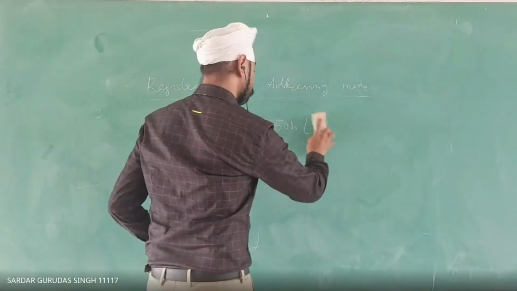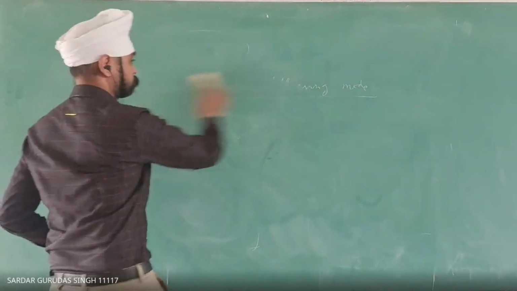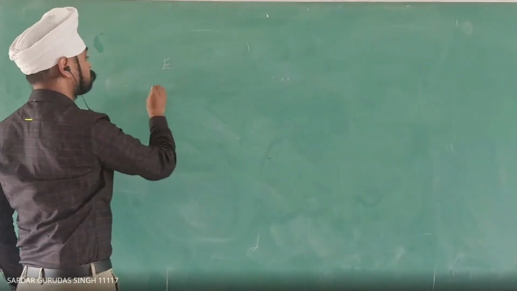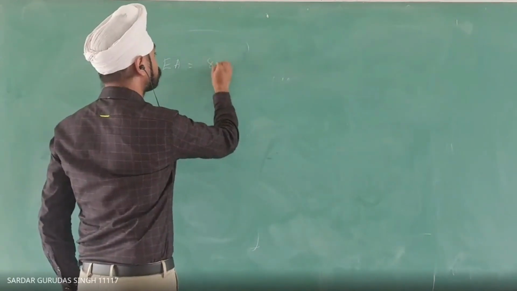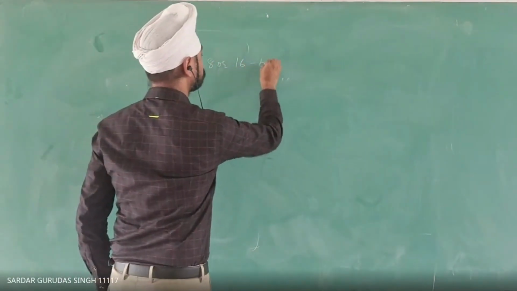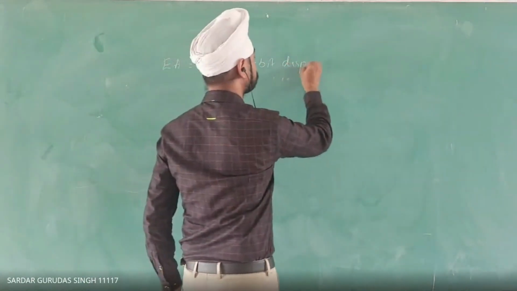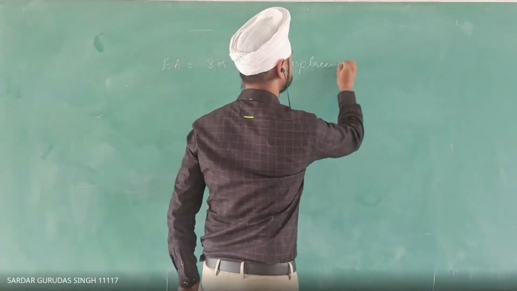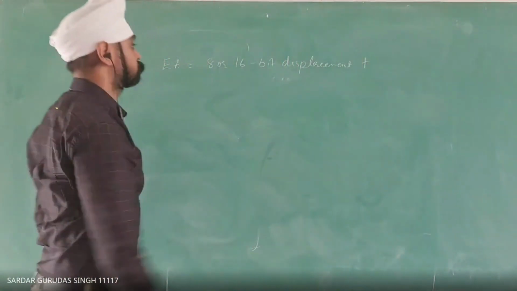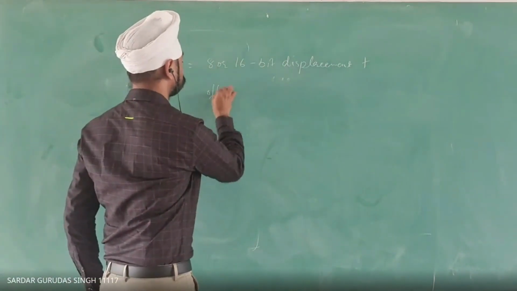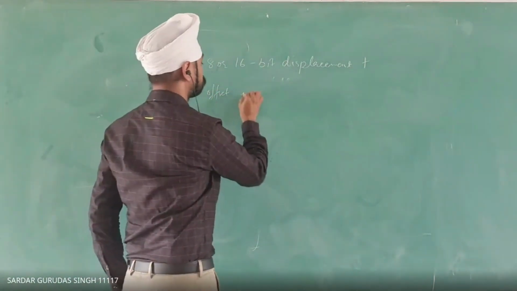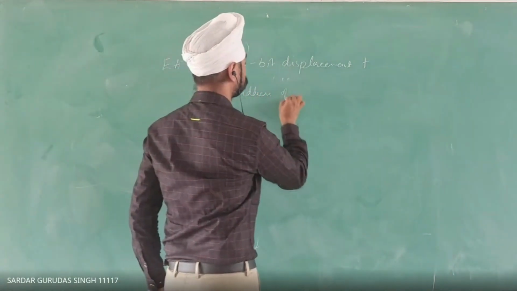No, no. See, simple. If I read like this, SI or whatever register. For instance, here effective address is nothing but it is formed by 8 or 16-bit displacement plus offset address of register.